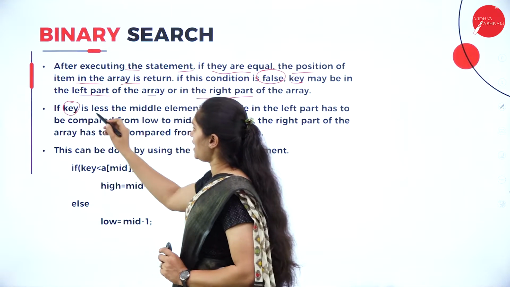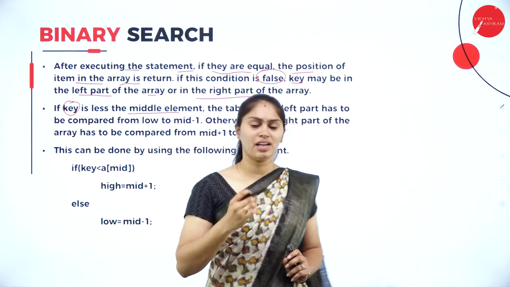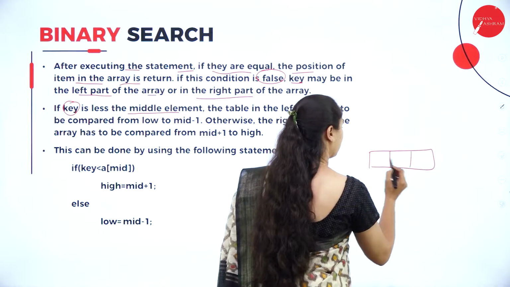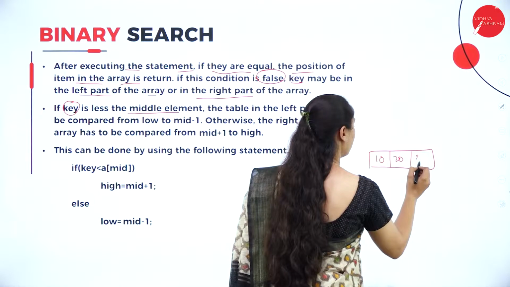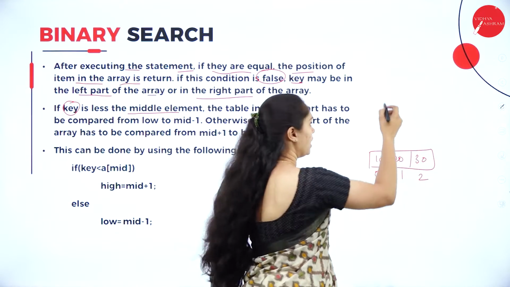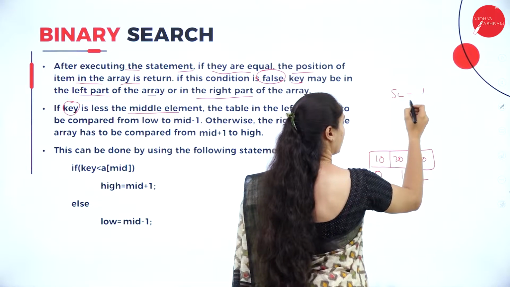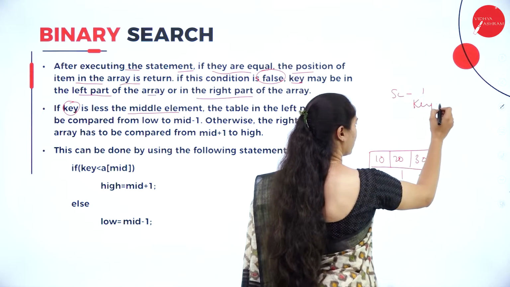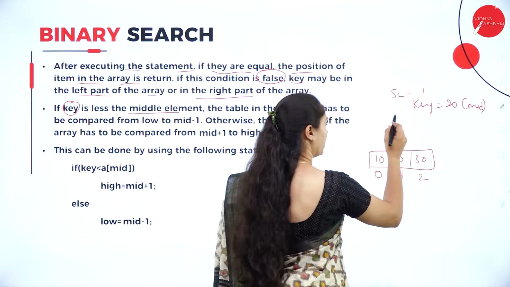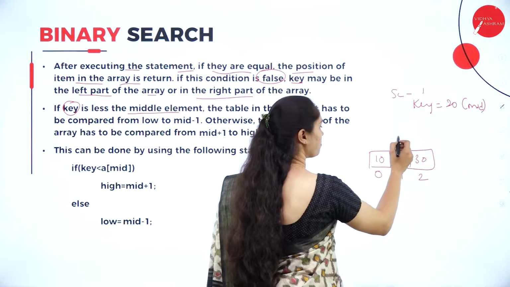If the key is less than the mid element, if I am searching for an element which is lesser than the mid element, let me consider the same example: 10, 20, 30, positions 0, 1, 2. In the first scenario, I had taken key as 20, that is exactly at the mid. Now let me consider an element which is left of the mid element.